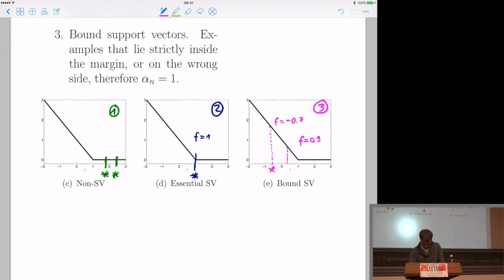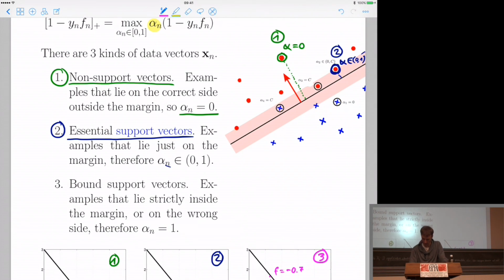These are the bad points. For those you have to pay. This is actually one of them. It's not so bad. This one would be even worse. And here you really have to pay.